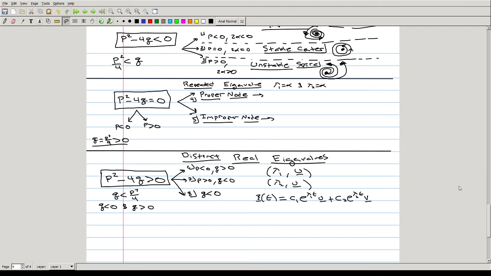For the proper node, the solutions for a proper node and an improper node differ qualitatively.